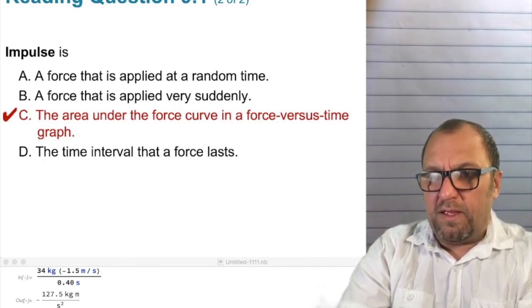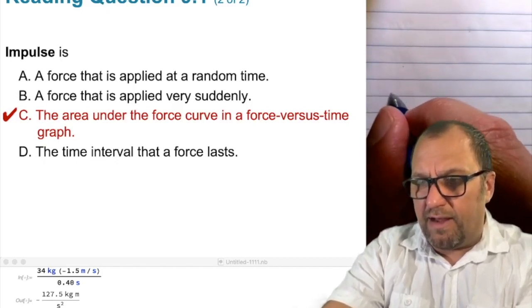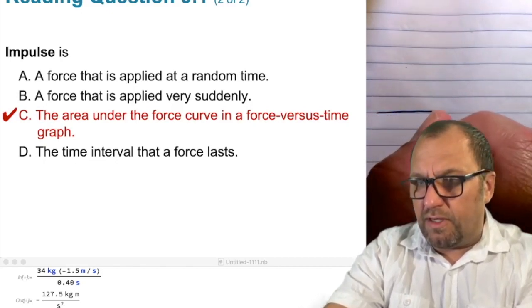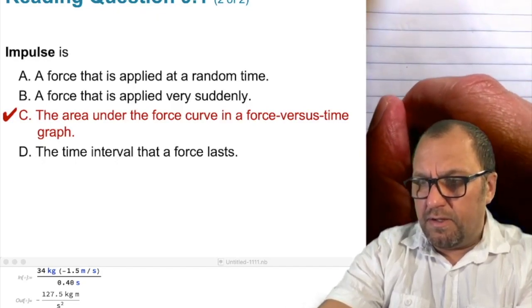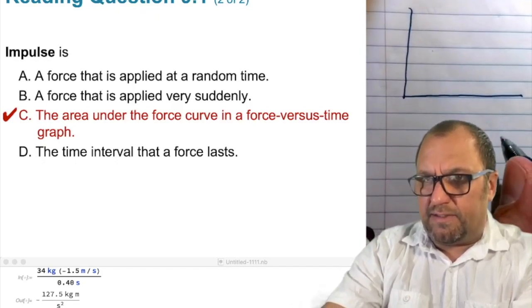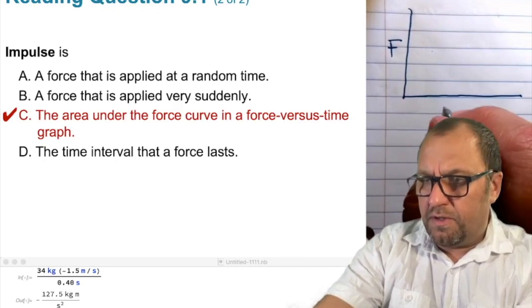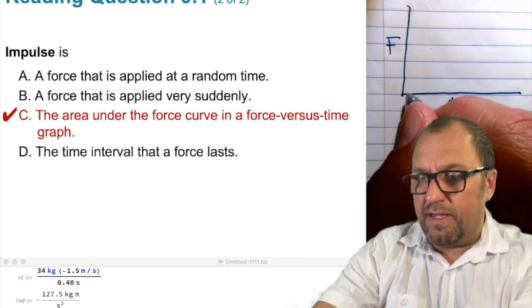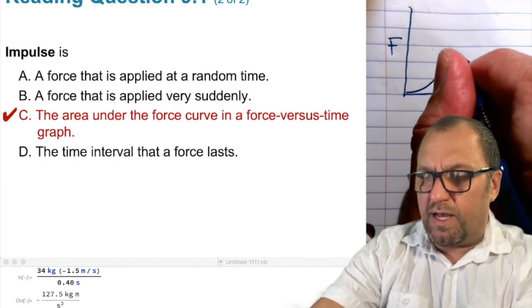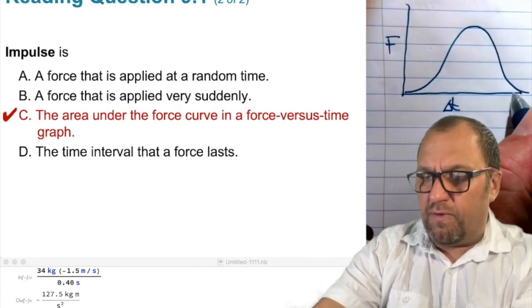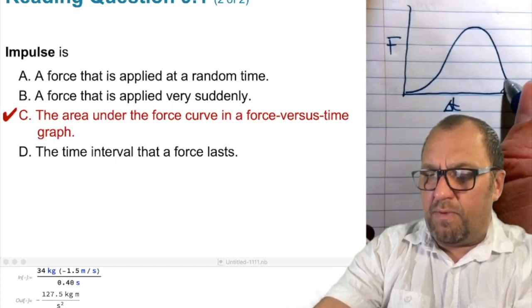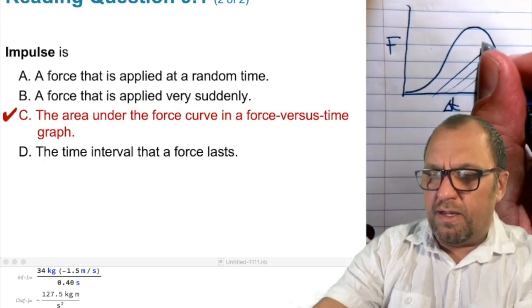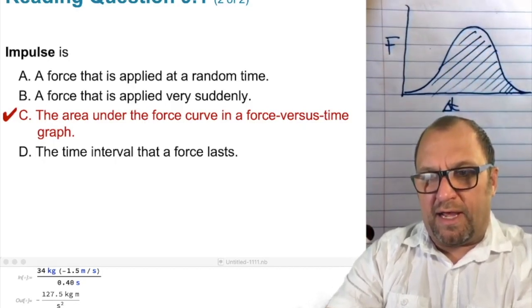Okay, so in my force versus time graph, I'll draw a graph like this. This axis up here is my force, and this is my time axis. As the force is applied, if I want to find the impulse, then I need to find the area under that curve.